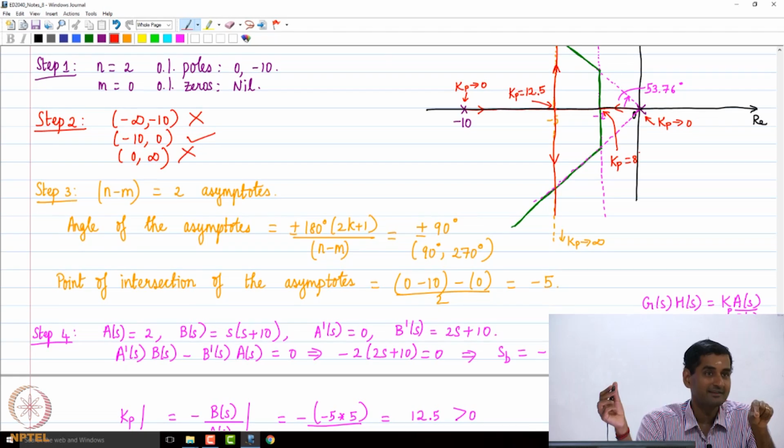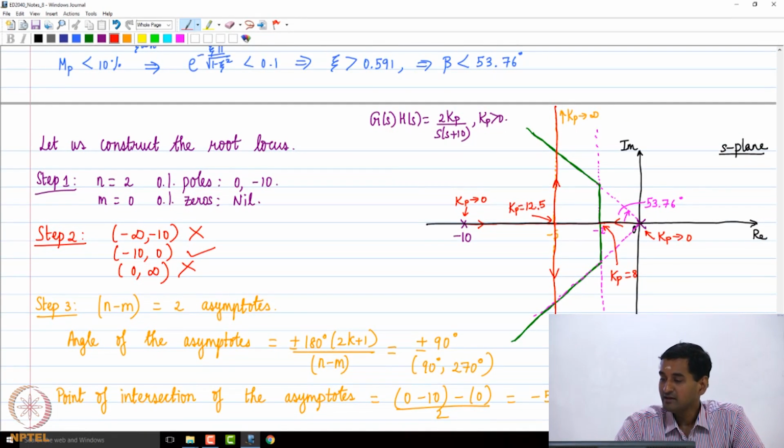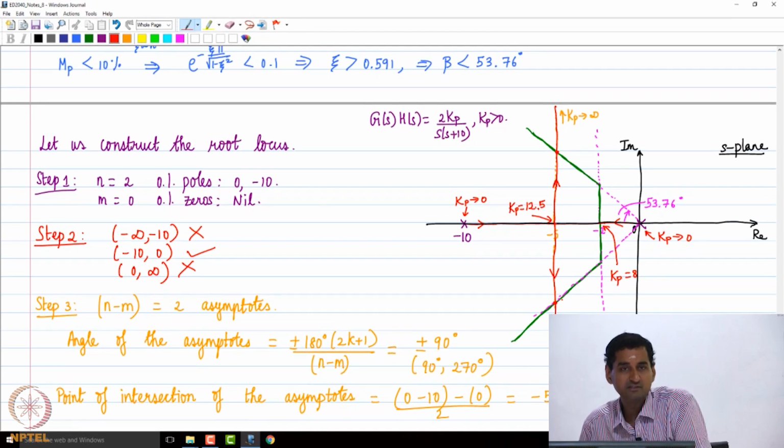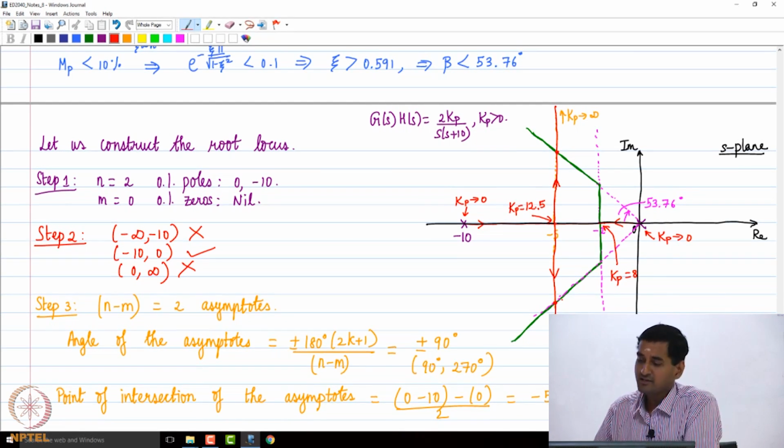But not only that, we have to find out what is the value of Kp when the root locus hits this point and this point, right? Because beyond this, the two branches of the root locus go outside the desired region. So how can I find the value of Kp at this point?